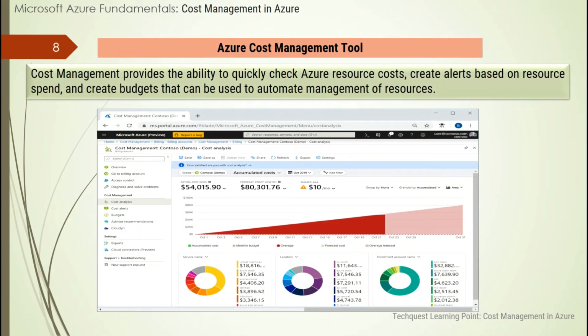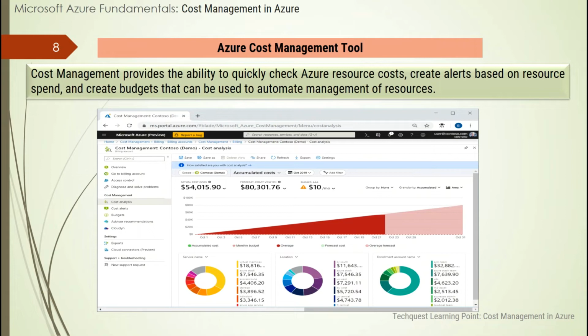Azure Cost Management Tool. Microsoft Azure is a global cloud provider, meaning you can provision resources anywhere in the world. You can provision resources rapidly to meet a sudden demand or to test out a new feature or an accident. If you accidentally provision new resources, you may not be aware of them until it's time for your invoice.